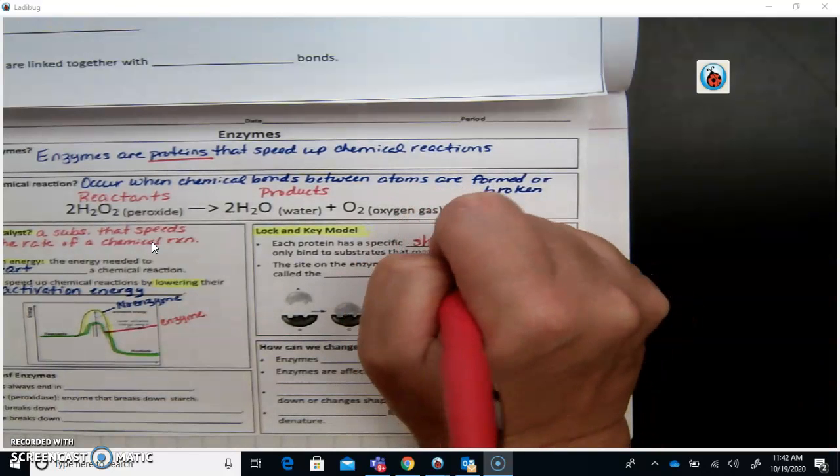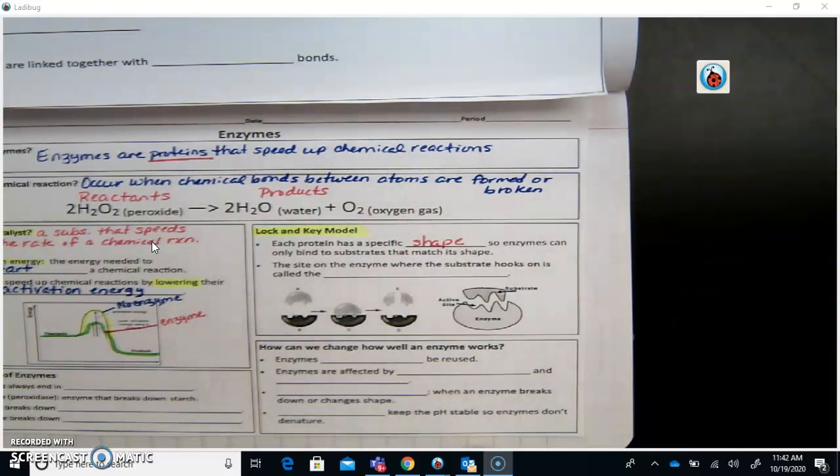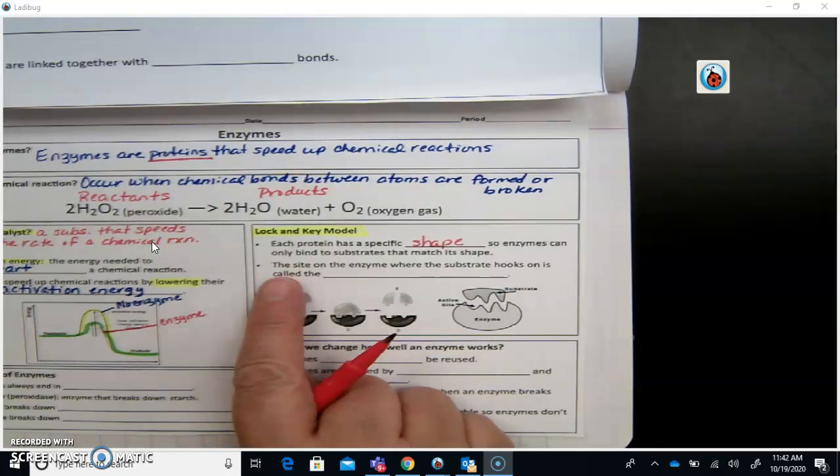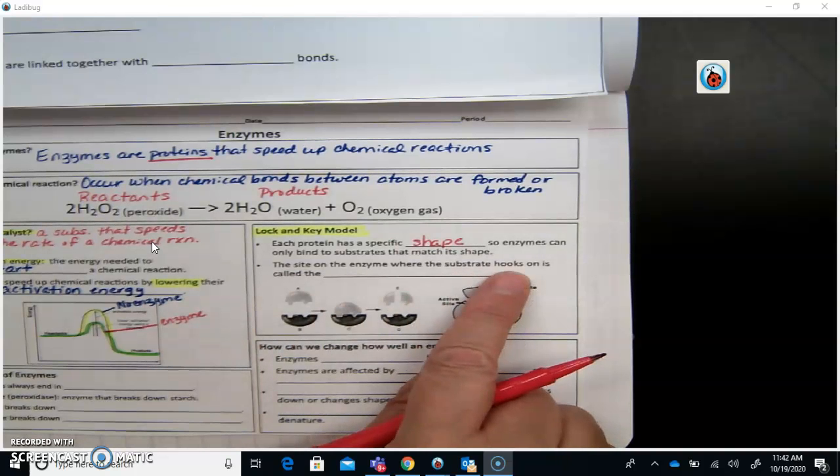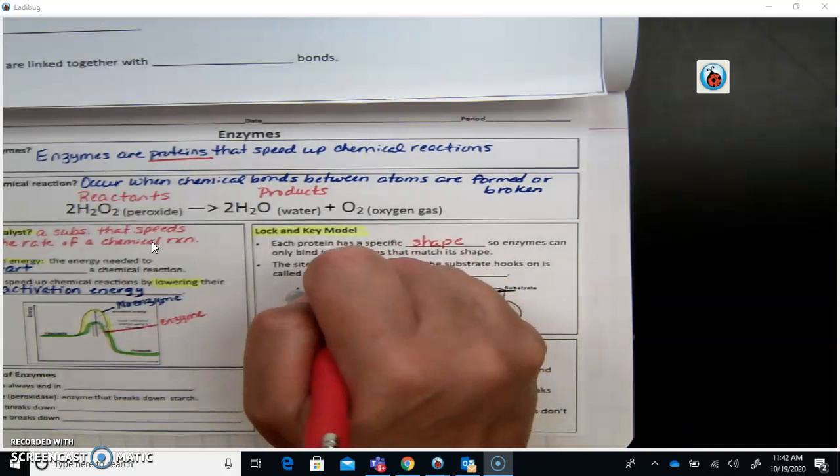So enzymes can only bind to substrates that match their shape, kind of like a key is going to unlock just a specific lock. My house key is not going to be able to unlock my car, for example. The site on the enzyme where the substrate actually hooks on is called the active site.